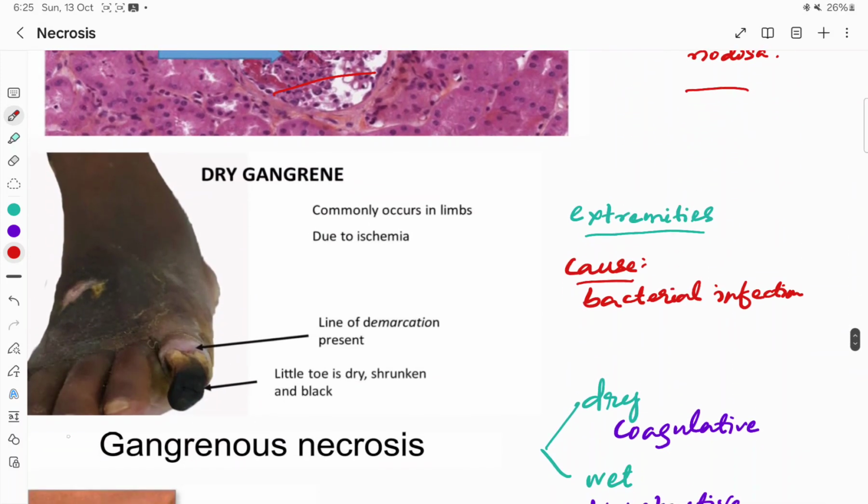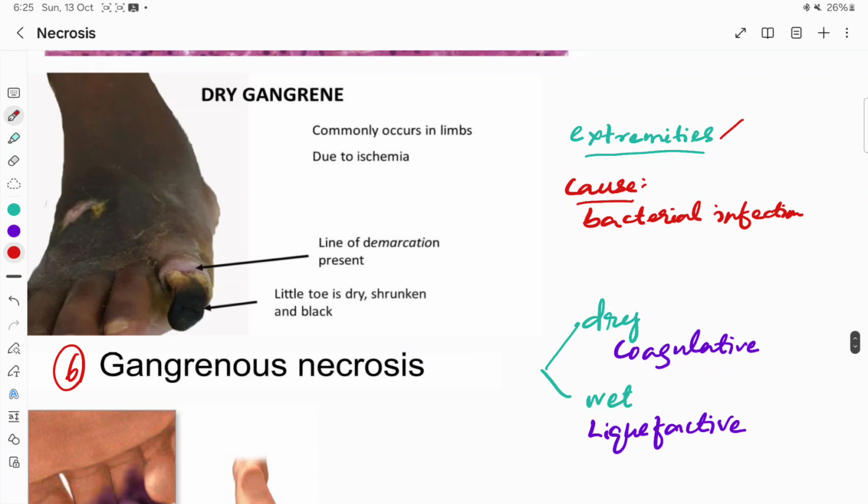Then we'll discuss the sixth type, the gangrenous necrosis, which affects mostly the extremities like the limbs, and you can see it can be of two types, dry or coagulative, and wet or liquefactive.